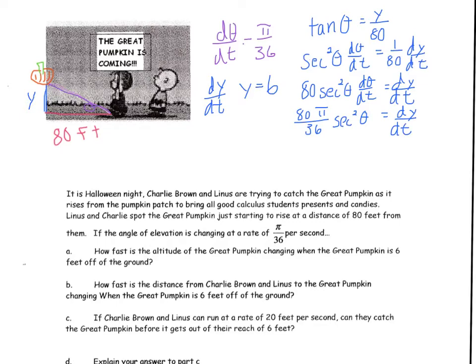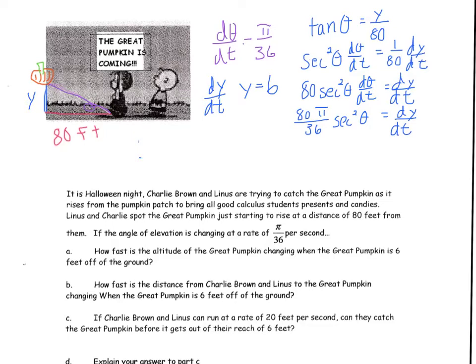So we still need to know what dy dt is when y equals 6. The problem is there's nowhere to plug 6 in because we don't have a y in our equation. However, we can solve for theta when y equals 6, and then we can plug that in. So if I create a little, well, we don't need to create a triangle. We already have an equation to help us solve that.